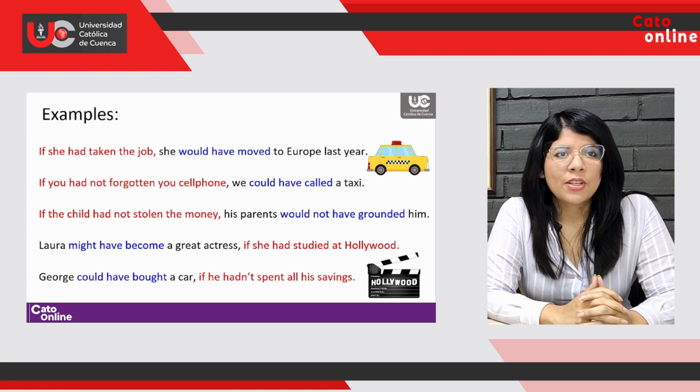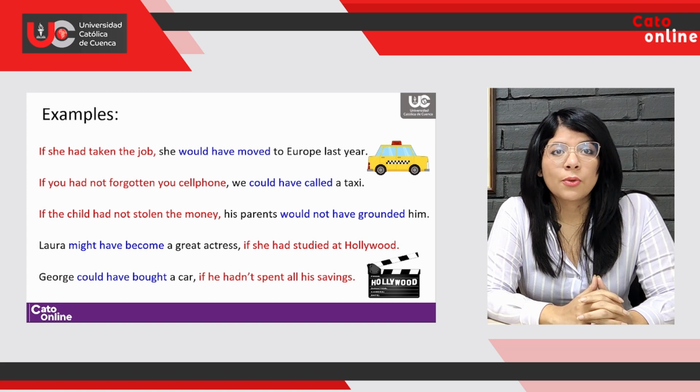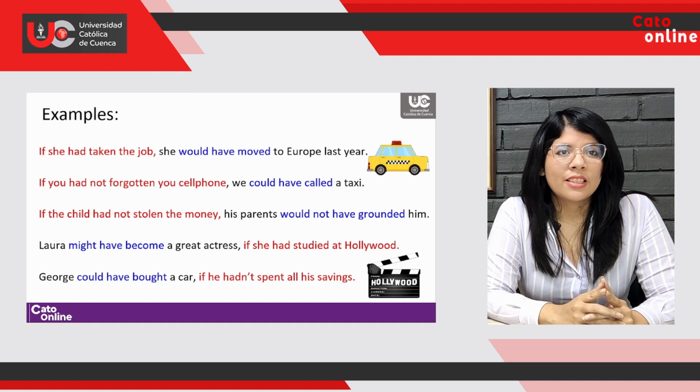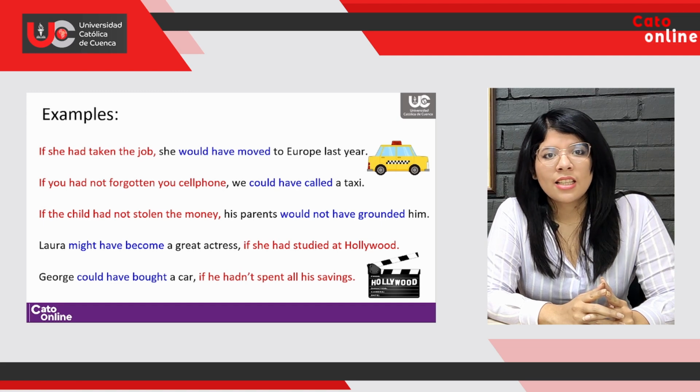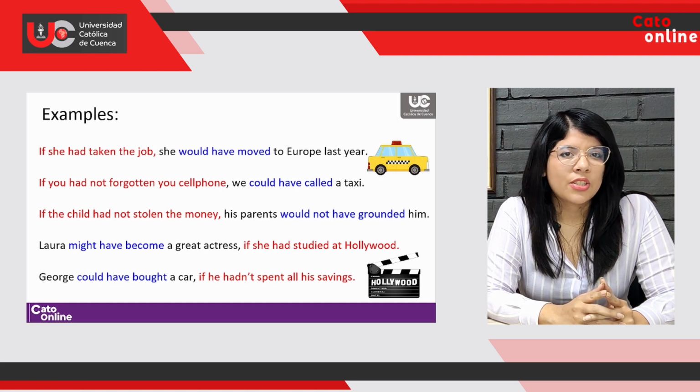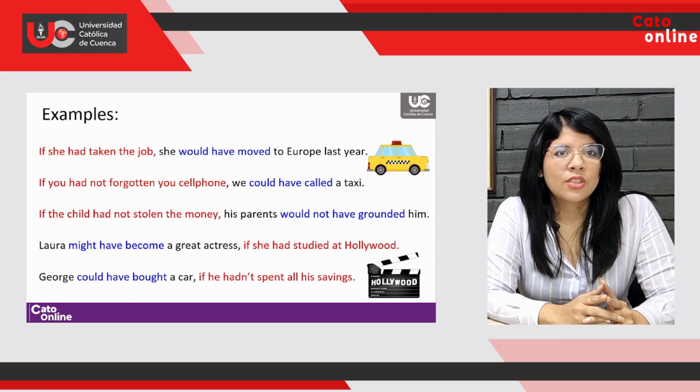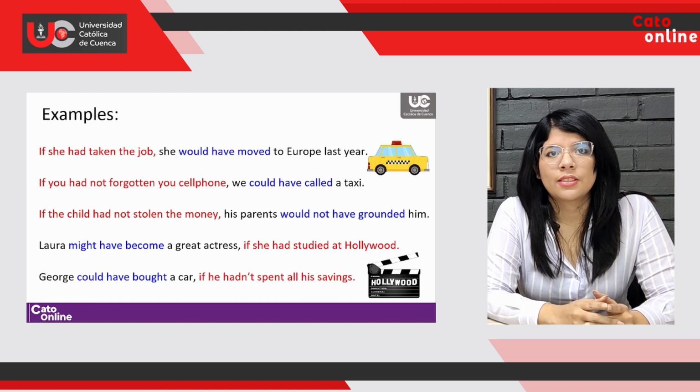Laura might have become a great actress if she had studied at Hollywood. Here we change the order of the sentence. Now, this sentence starts with the hypothetical outcome, and it has the hypothetical situation at the end. So, the outcome was Laura might have become a great actress.